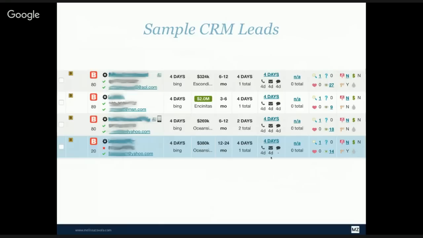And this is some data about when they logged in, whether we called them, whether we text messaged them, things like that. And then over here, this shows us how many properties they looked at.